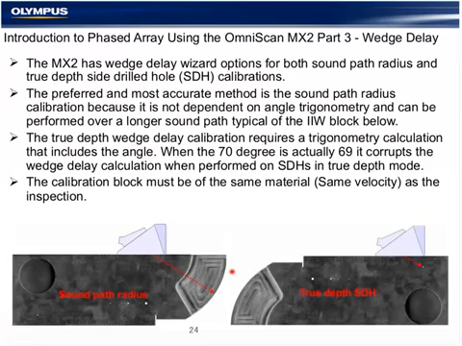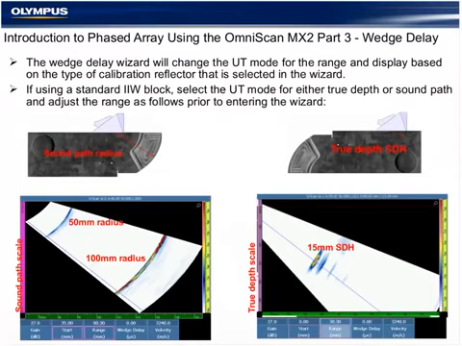The wedge delay wizard will change the UT mode for the range and display based on the type of calibration reflector that was selected in the wizard. So in this radius inspection, we'll see a sound path, and in the true depth, we will see a true depth. This will affect both how we set the range and how we position the gates to perform the wedge delay.